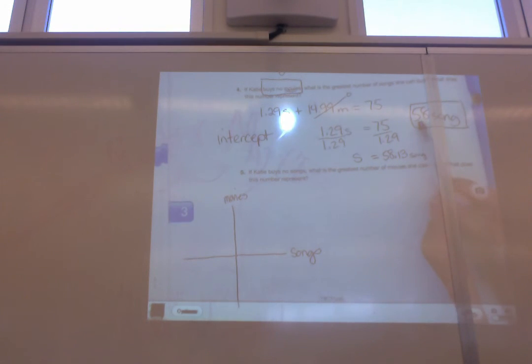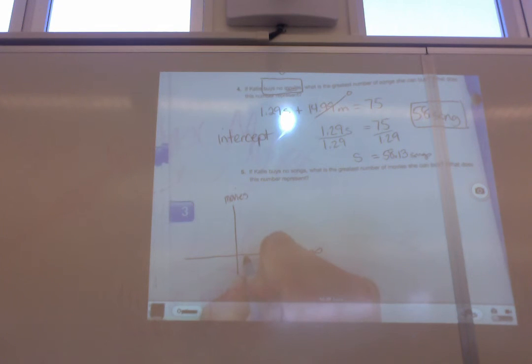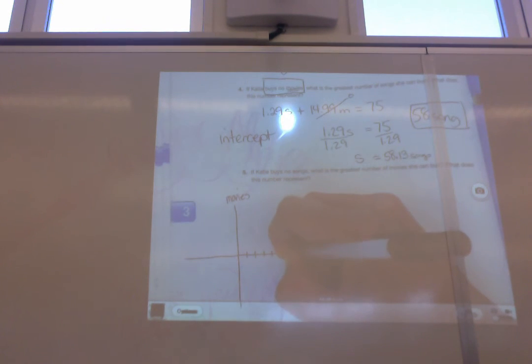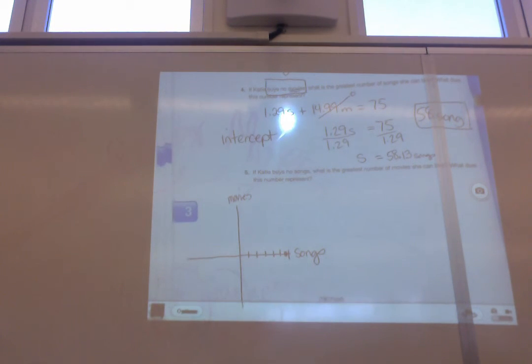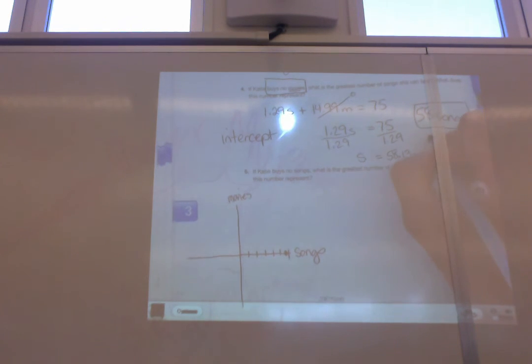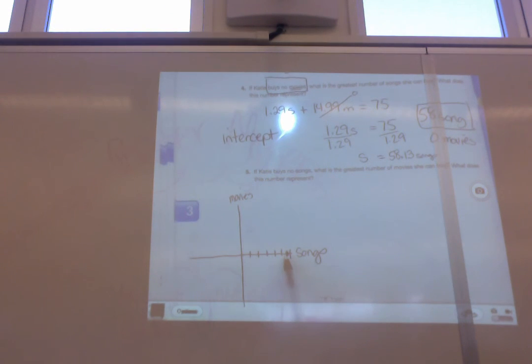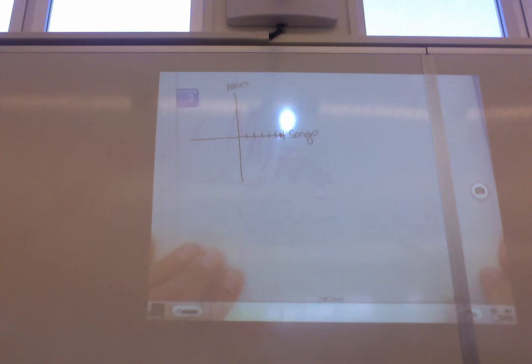If this is 58 for songs, and I go by tens, 10, 20, 30, 40, 50, 60, 58's going to be right about there. 58 songs, 0 movies. Again, 58 songs, but I'm not up and I'm not down for movies.